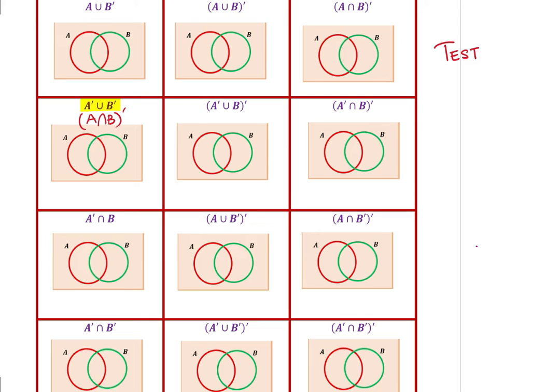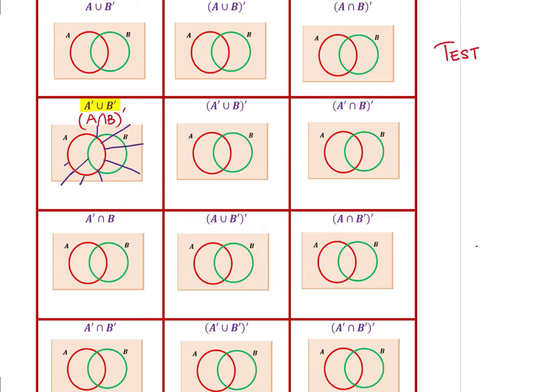What it means really is not the intersection of A and B, and therefore I'm going to shade everything outside the intersection of A and B. You see how easy it becomes?